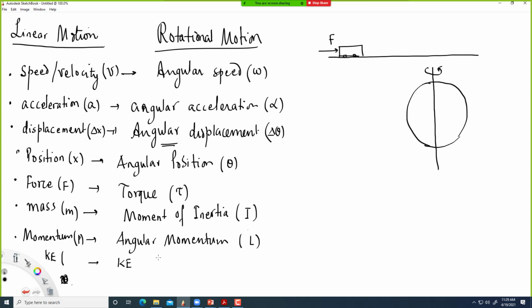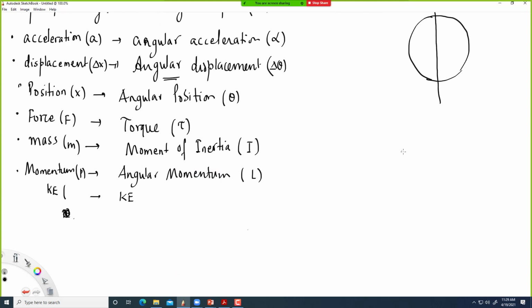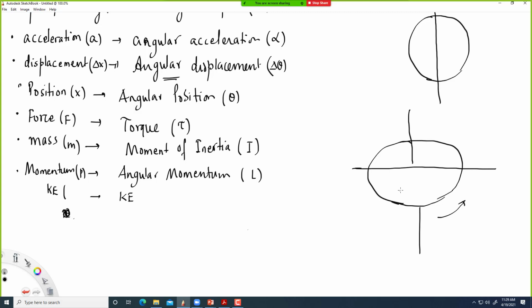Okay. So now let's define all these quantities. So let's consider this round plate or something. It's easier to define with this round plate. Okay, this is the axis about which it is rotating. You can define this horizontal line as a reference line. Let's say this is the initial position of this particular point.